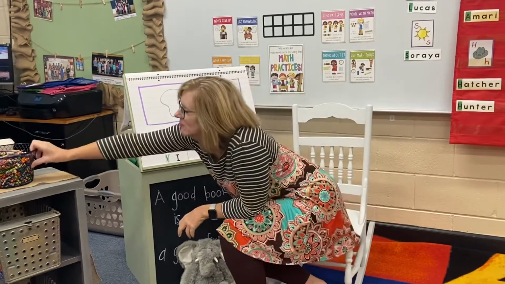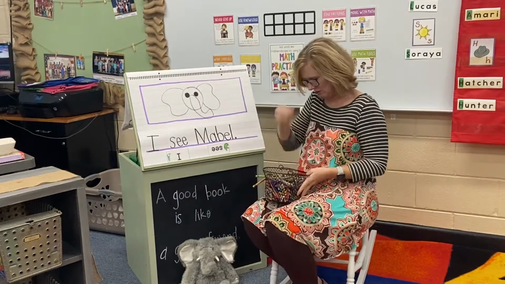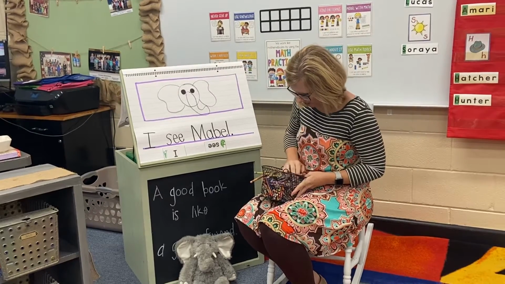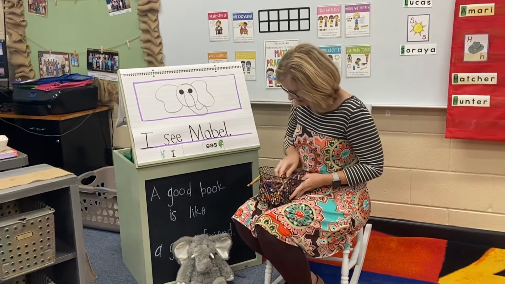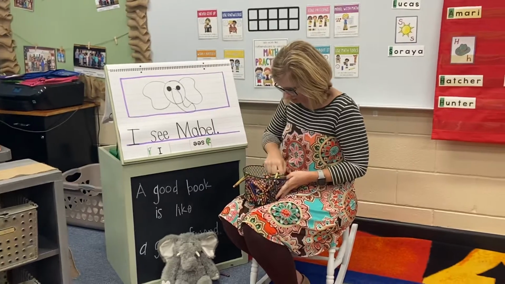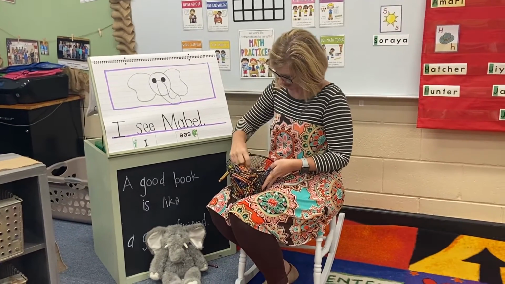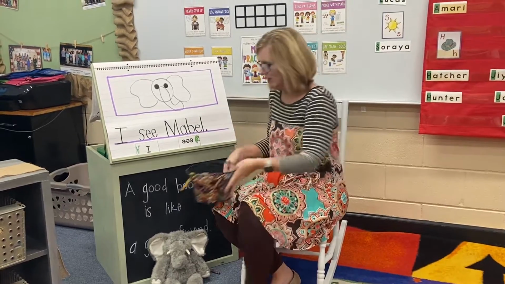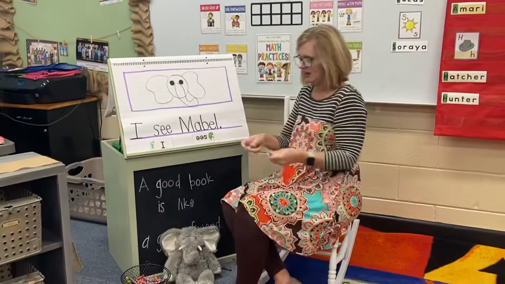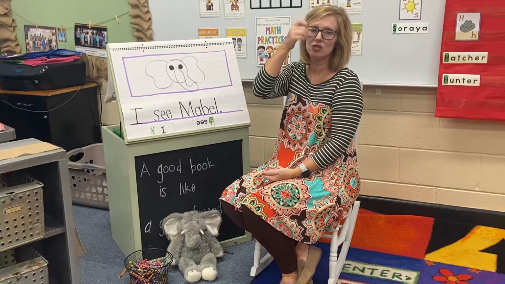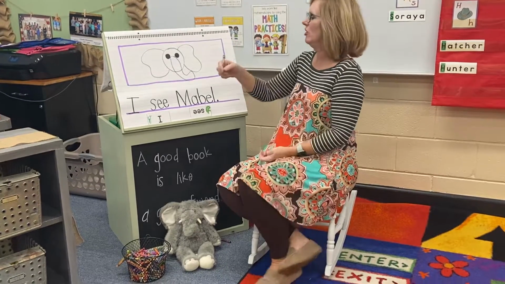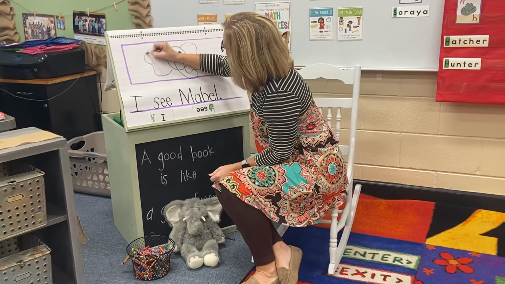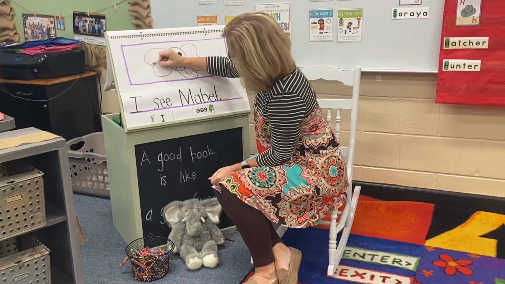Now, I need to be sure to color Mabel. So let me see if I can find a gray. I don't even know if I have a gray in here. But if I don't have a gray, sometimes I can use a black and I can just color real lightly. But I did find a gray, so I'm gonna color Mabel's ears gray.